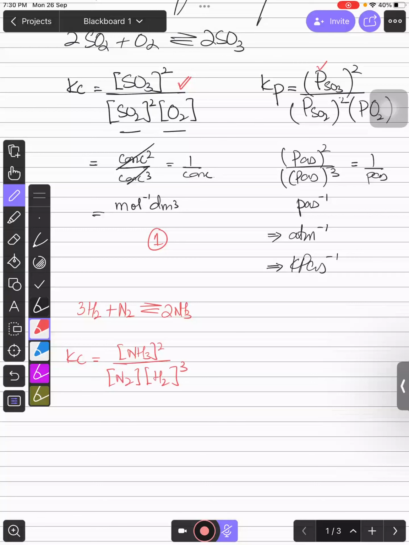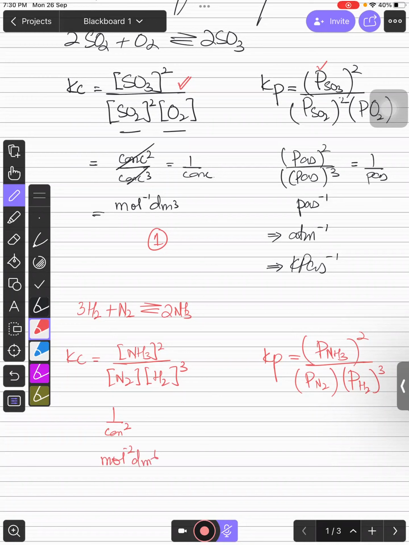And for the Kp expression, it will be the pressure of ammonia with the power of 2, over the pressure of nitrogen into, remember this is multiplication, the pressure of hydrogen with the power of 3. The Kc unit is 1 over concentration squared, so it will be mole inverse decimeter 6. And for this, it will be Pascal to the power of minus 2. Right, children? Is that right or not?